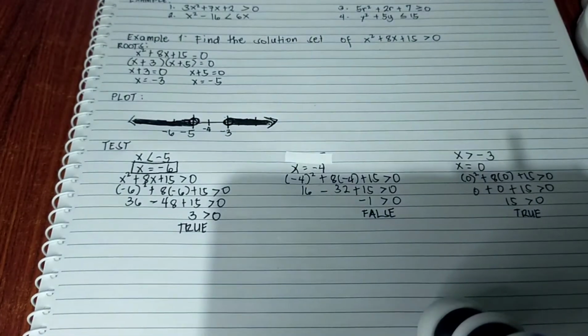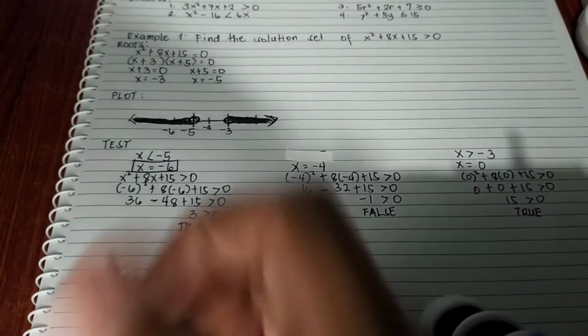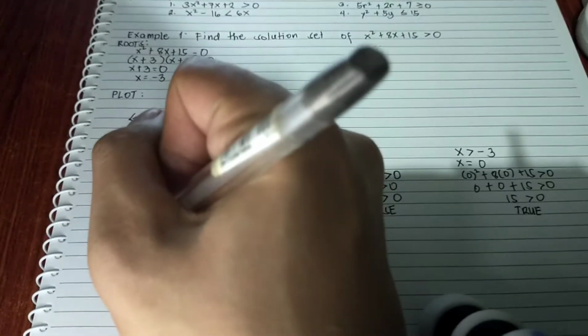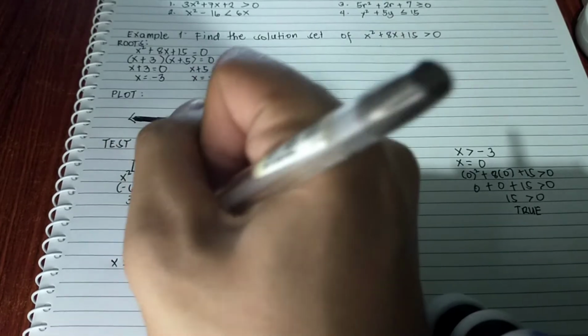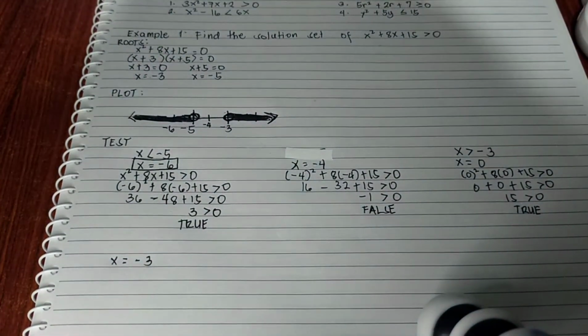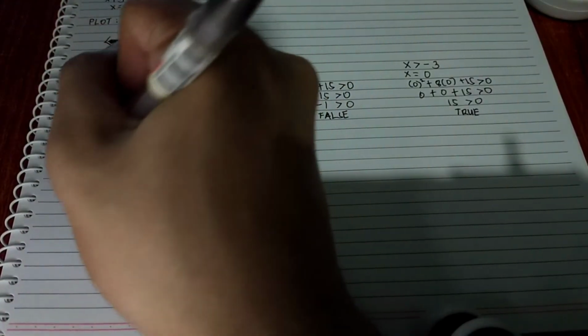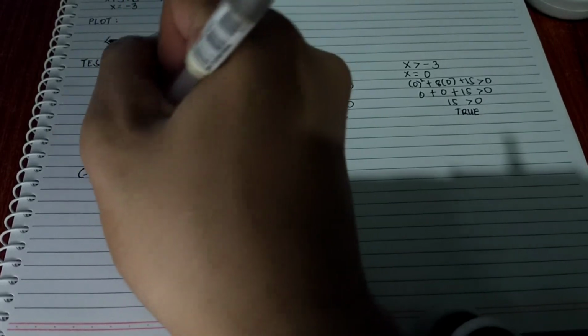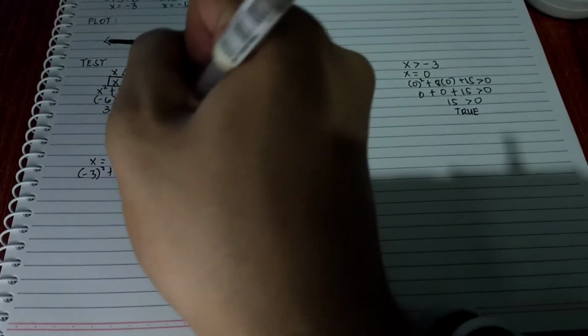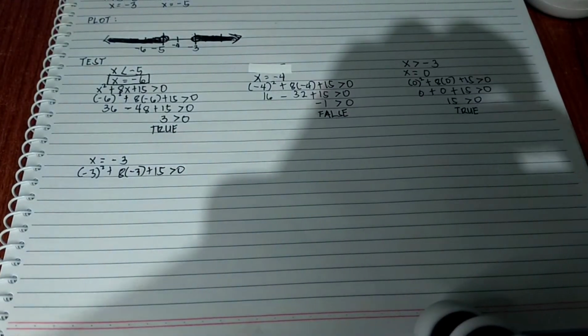O, let's try. Let's try kung magiging part ba siya ng solution. How about if x is equal to negative 3. Sige. Yung negative 3 ang gamitin natin. Okay, so ito-test natin yung negative 3. Negative 3 squared plus 8 times negative 3 plus 15 is greater than 0.